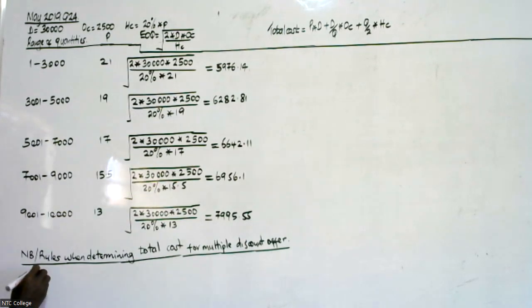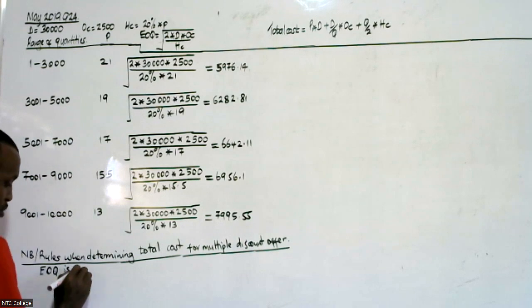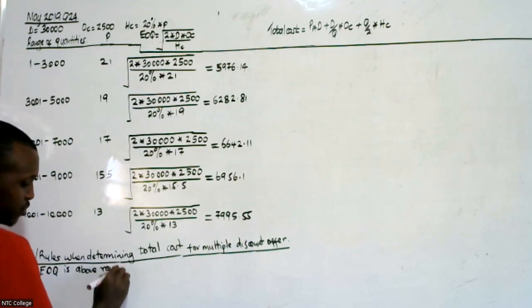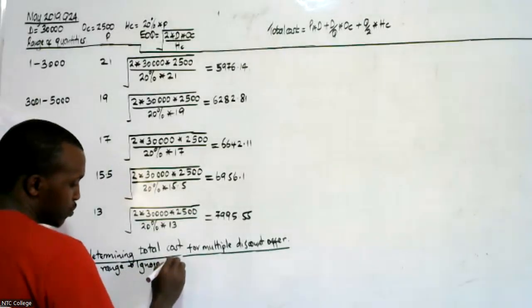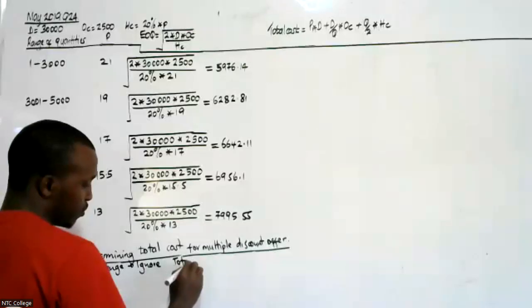So you'll have your EOQ. If your EOQ is above the range, you ignore total cost computation.